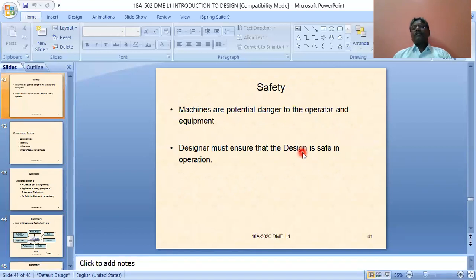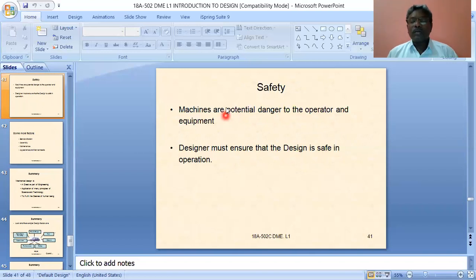And the last one is safety. Safety is also the last important and most useful factor, that is, machines are a potential danger to the operator and equipment. That means safety must be there for the operator as well as for the machine also. The designer must ensure that the design is safe in operation.